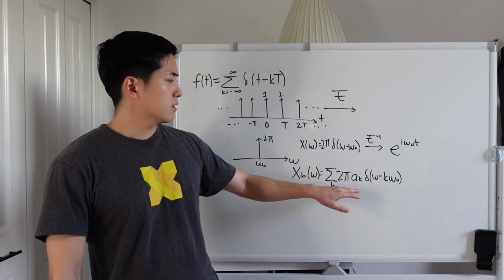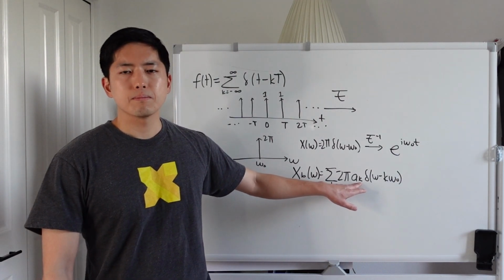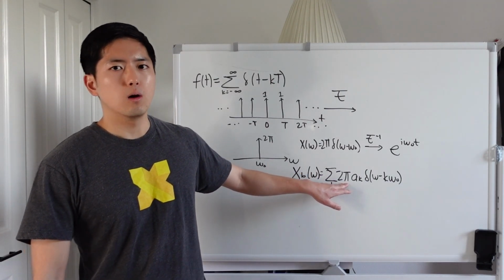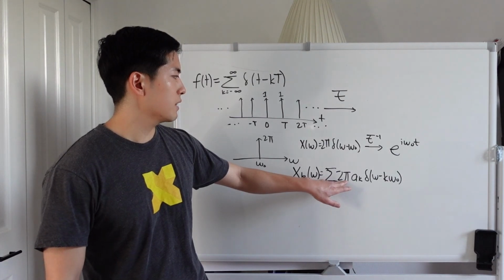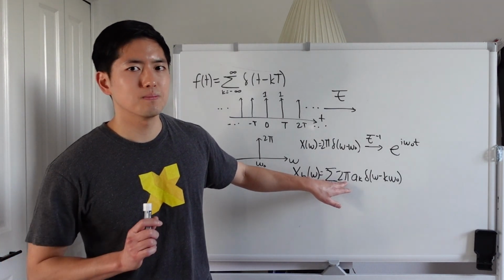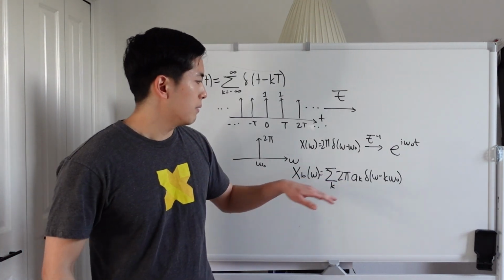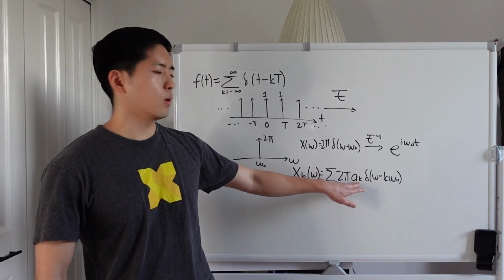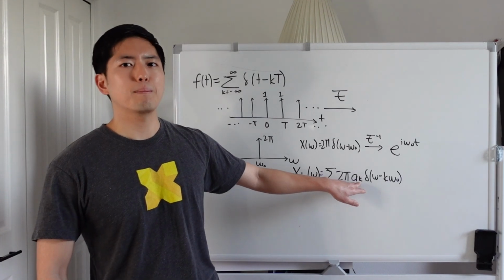We decided to denote this coefficient a of k, and I decided to add in this 2 pi without loss of generality. The 2 pi will make the math down the line easier, just like earlier. But there's nothing wrong with adding this 2 pi because it would simply take whatever coefficient we would have had and divide that by 2 pi.